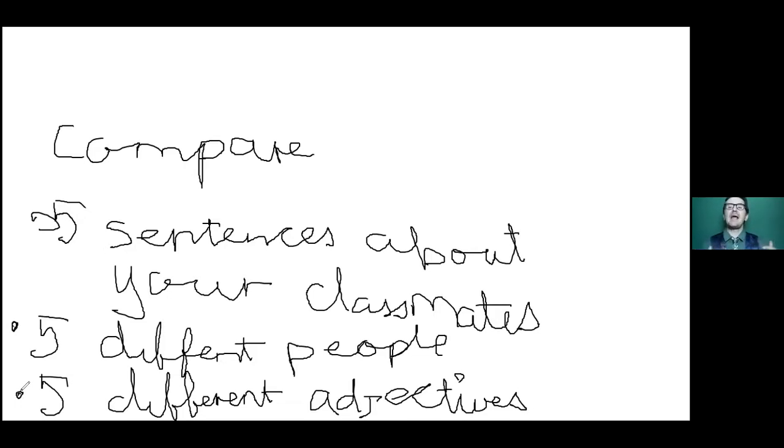Bebas, anything you want. Okay? Any questions? No questions? Okay. You have 5 minutes to write your 5 sentences, and then you will repeat them to the class. So 5 sentences for 5 people.